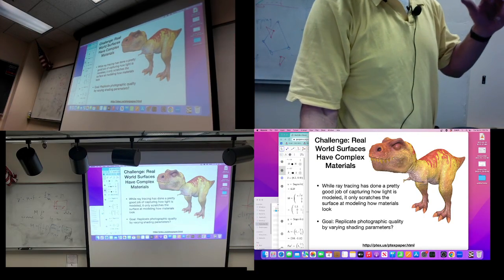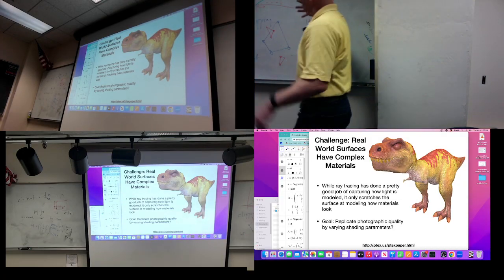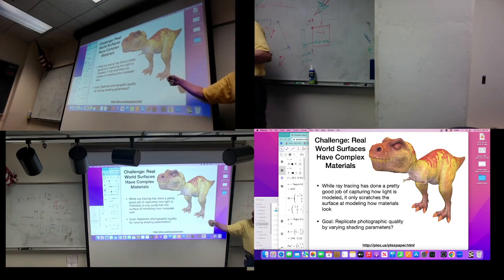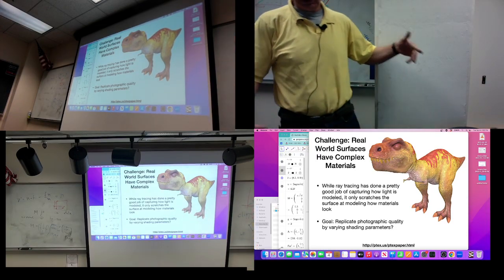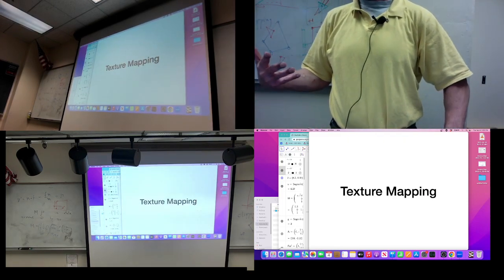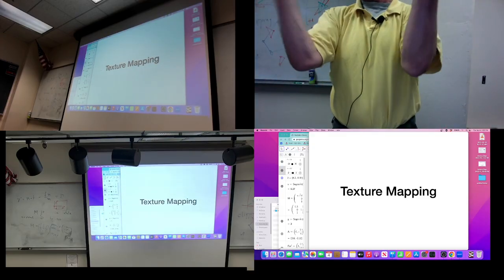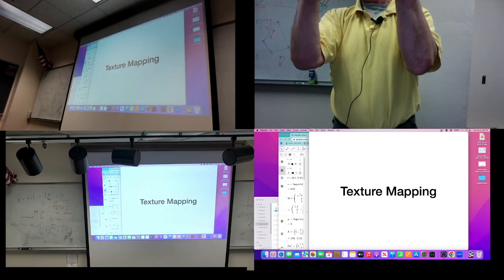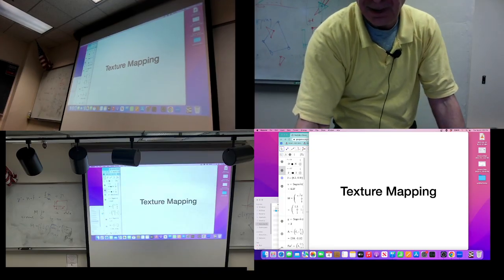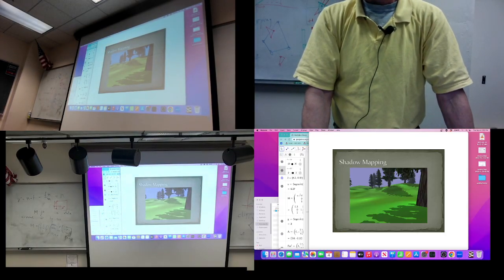To do it means I assign vertices of a triangle to vertices of the texture and tell it how to interpolate: just linear interpolation, or more fancy, which we'll talk about. More fancy might be, if I have a map of the world and I have a sphere and I want to map the map of the world to the sphere, the linear interpolation will not work. You need to use a different mapping. We'll talk about it. But let's talk about more applications of texture.